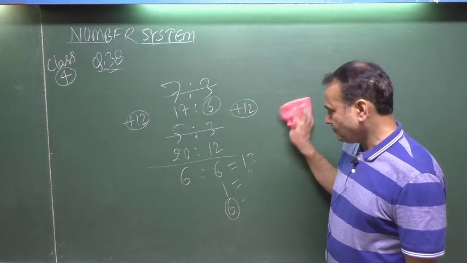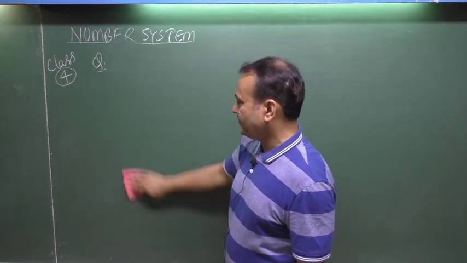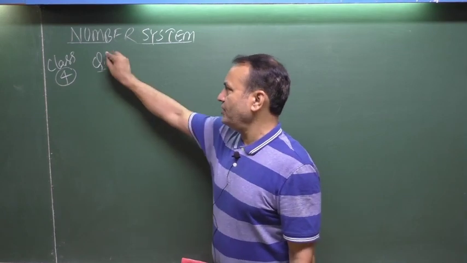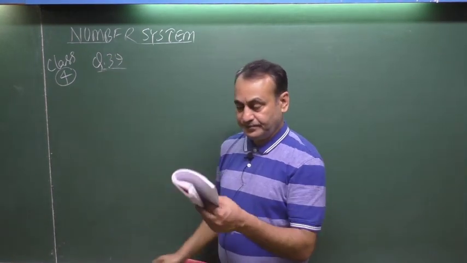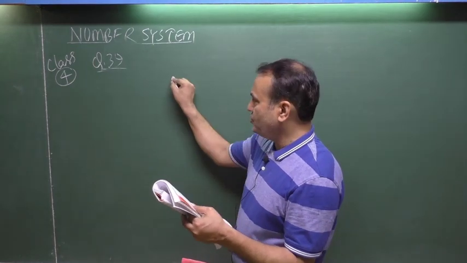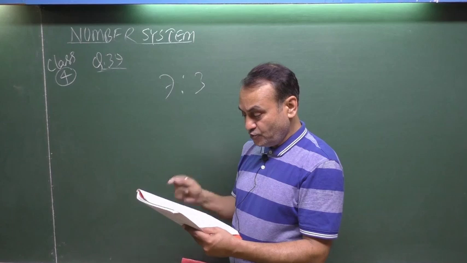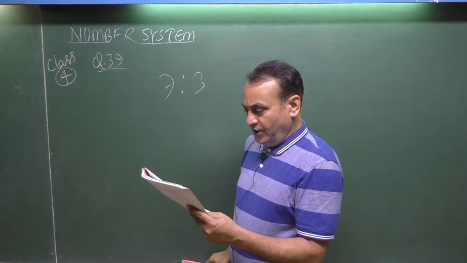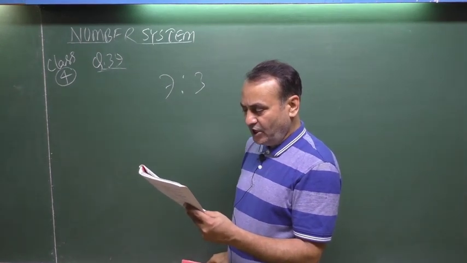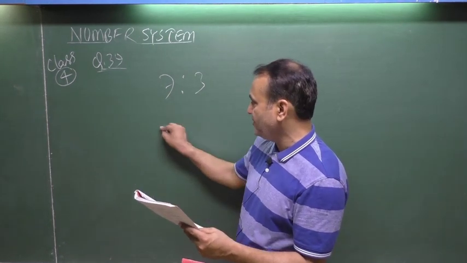Now, come to question number 39. There are two numbers in the ratio 7:3. If 16 is added to the smaller number only, the ratio becomes 7:5.